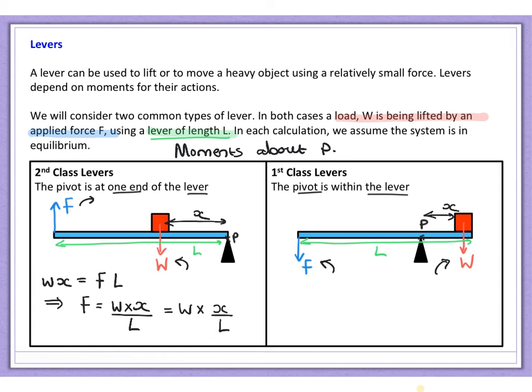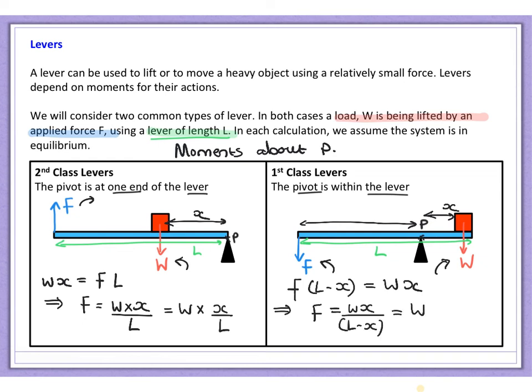So we know that F multiplied by, now the distance between F and P is this measurement over here, which is L minus x, is equal to Wx. So rearranging this gives me my applied force F is equal to Wx over L minus x, which I'm going to write as W multiplied by x over L minus x.